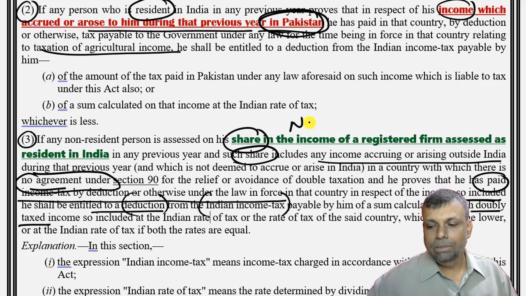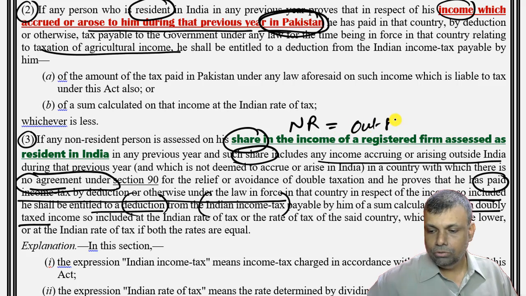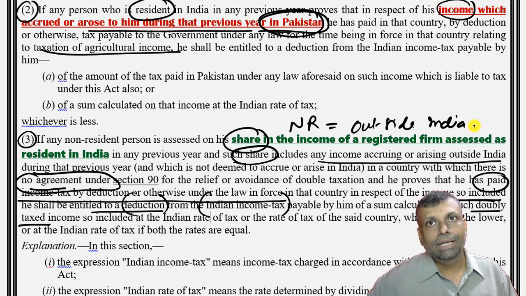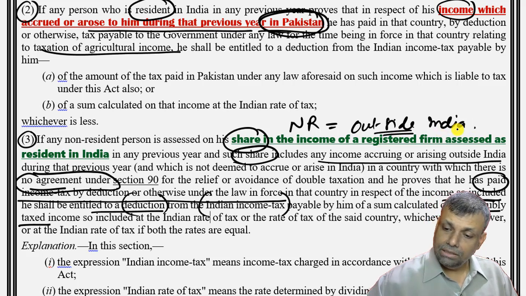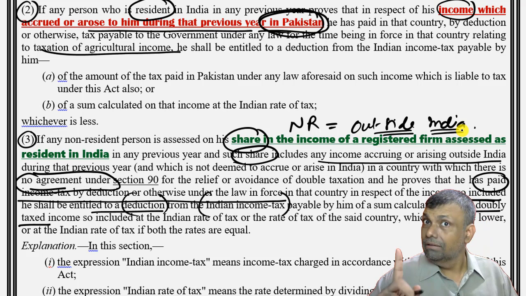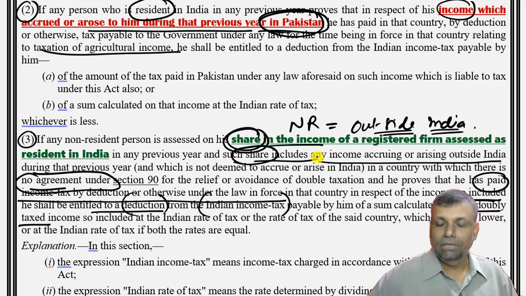Okay, so just imagine that a non-resident having outside India income is normally not taxable in India, but it was included for the purpose of computation, and therefore this particular relief of double taxation is made available to the assessee. But don't forget that this outside India income which I am referring to is only one type of income, and that type is a share of profits from the partnership firm.